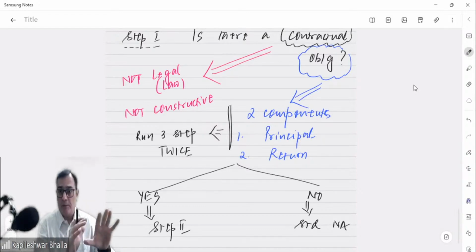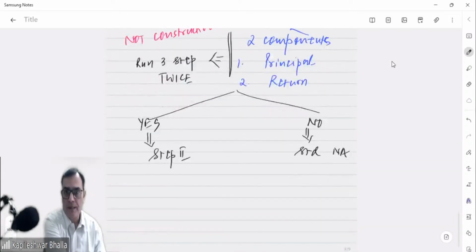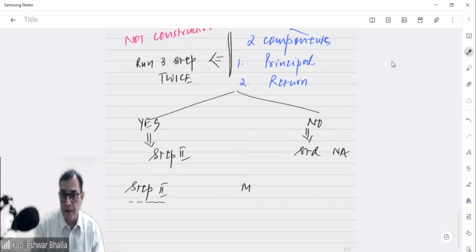There are two main focus points. One is that the obligation has to be contractual in nature. And the second is that there are two components of the obligation, the principal and the return. Okay, now this is my step number one. Let's now go to step number two. When we go to step number two, we made some amendment, also considering the MOP, that is the mode of payment.